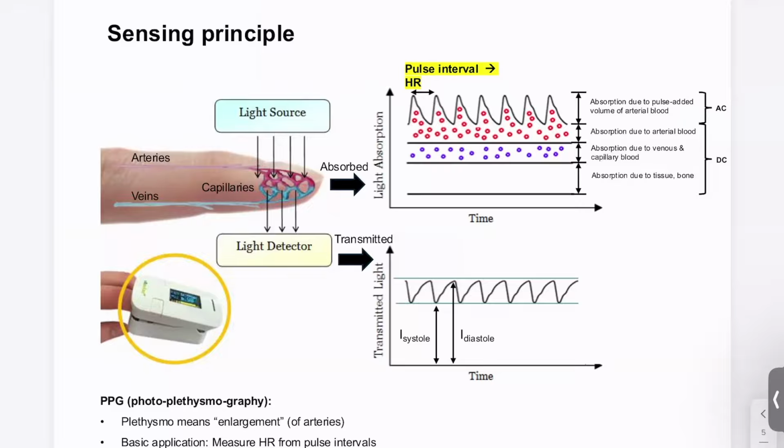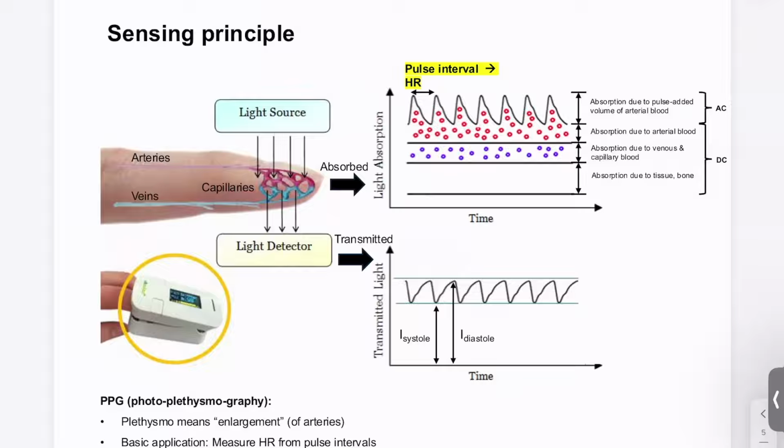So our blood carries oxygen by hemoglobin, depending on whether hemoglobin is oxygenated or deoxygenated. Do you have anything to add? Does this have something to do with SpO2, like the higher the amplitude? Correct.